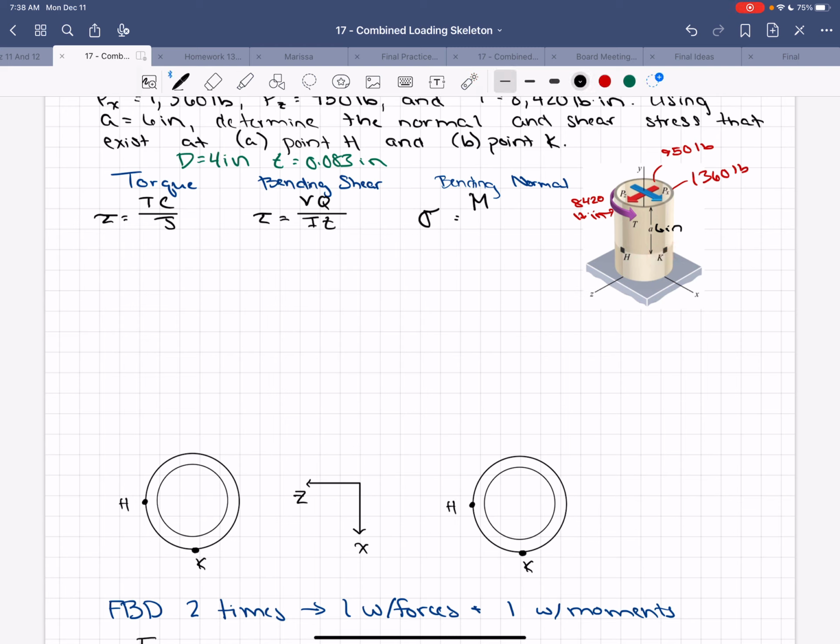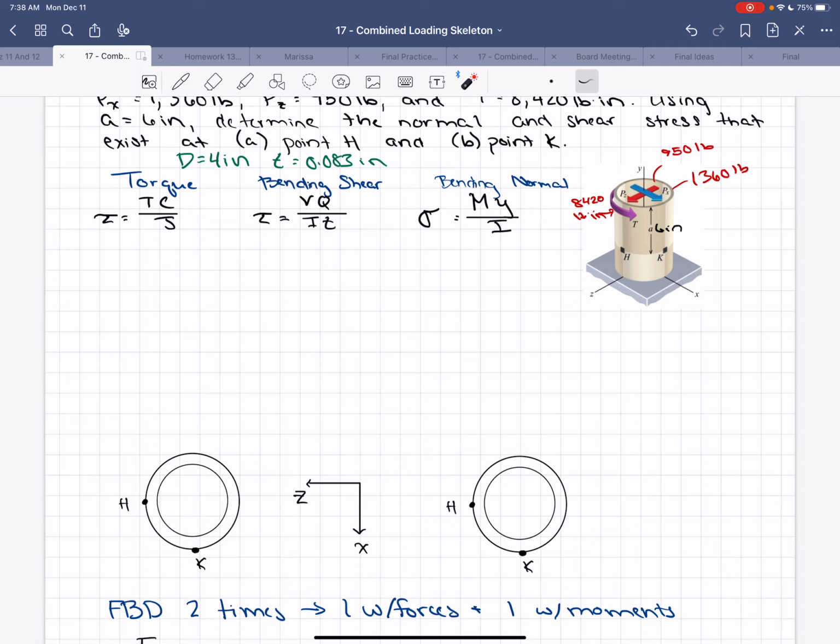The moment times y, the distance from the neutral axis in the middle to the point where we're calculating the stress, so the radius, all divided by the moment of inertia. We don't use our negative sign here, we just think about it. Both of these will be in compression.